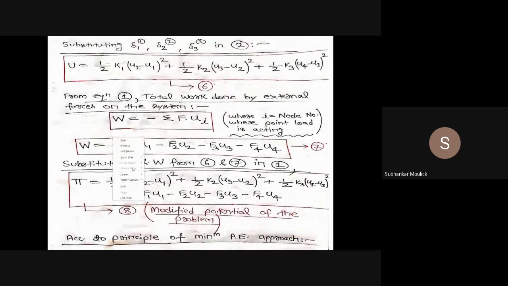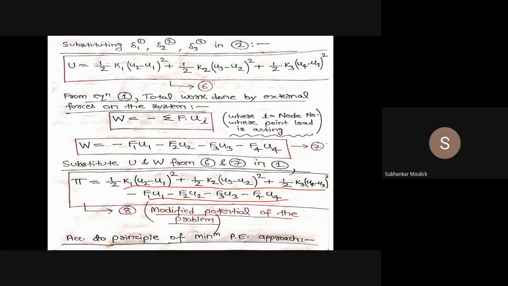So the final expression becomes pi equal to equation number 6, that is the value of U, minus W. W is nothing but equation number 7, that is minus F1 U1 minus F2 U2 minus F3 U3 minus F4 U4. Is it okay so far?